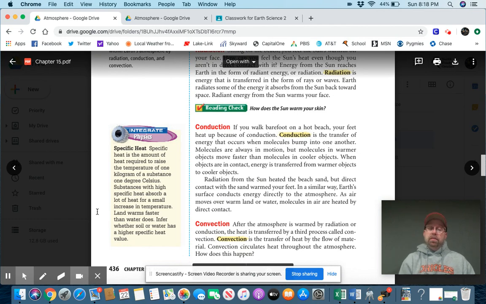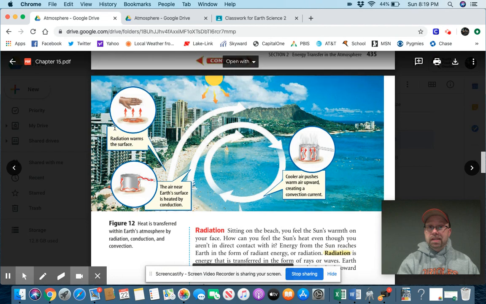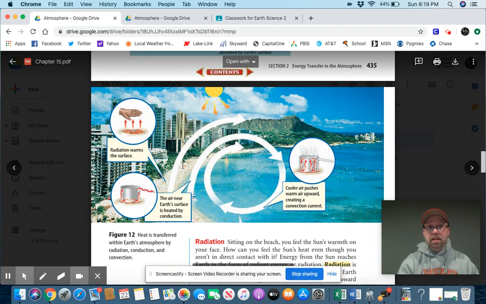And conduction, when you look at the definition, is the transfer of energy that occurs when molecules bump into one another. So first of all, heat is always transferred from the hot thing to the colder thing. In this case, we have something that's warm or hot, something that has heat, and its molecules bump into something that is less hot. A great example of this would be back to this burner up here, which again, we are not recommending.